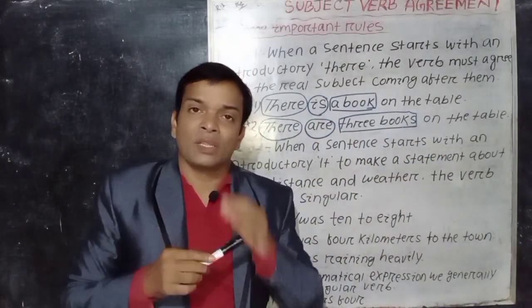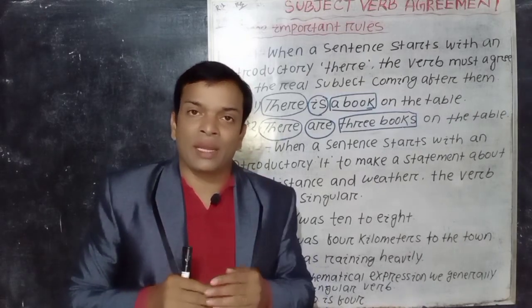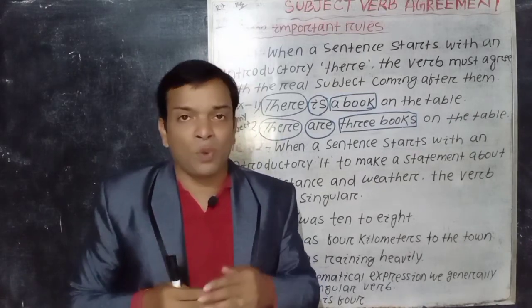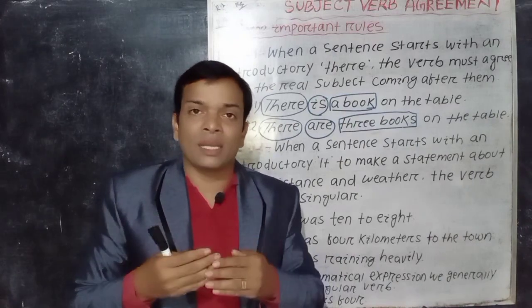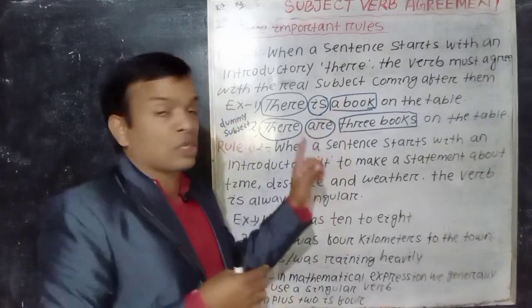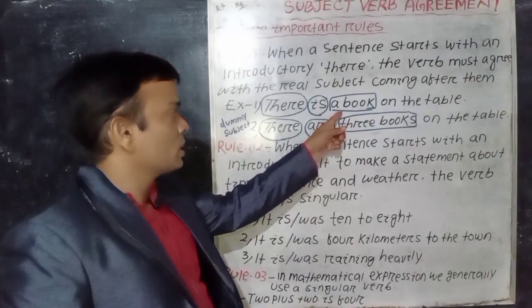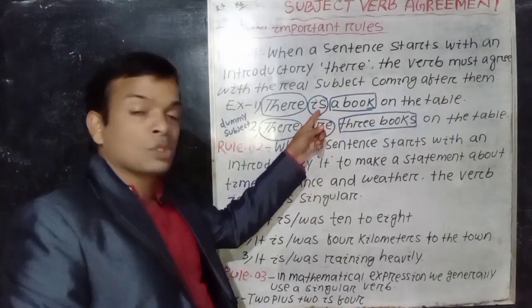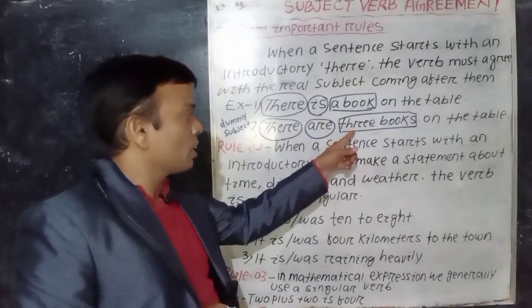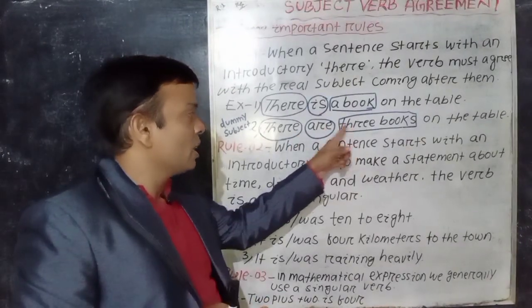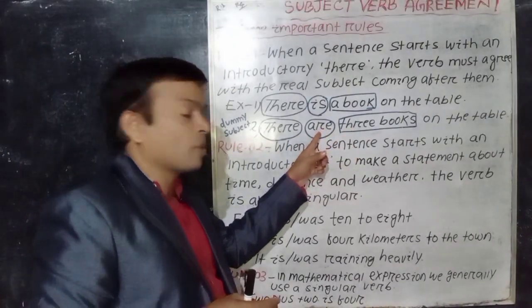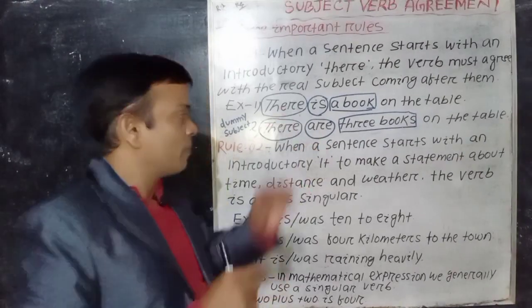That means with an introductory there you can use the singular verb and plural verb. It always depends on the real subject that comes after it. So here the real subject a book is singular, so we have used the singular verb form is. Here the real subject 3 books is plural, so we have used the plural verb form are. Clear? This is the first rule.